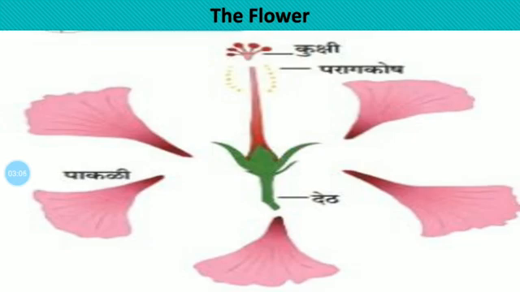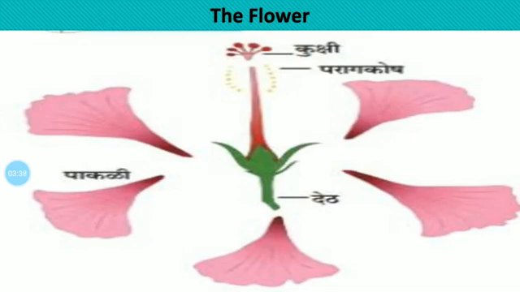It is called the receptacle. Okay, receptacle. Petals and other parts of the flower are supported on the receptacle. See, petals and other parts of the flower are supported on the receptacle.